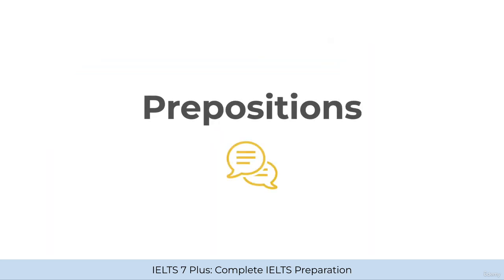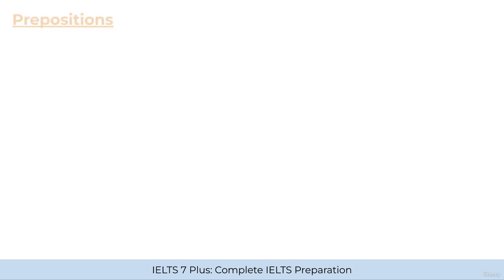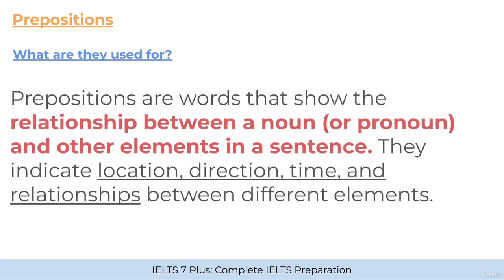Okay, let's start today by thinking about prepositions. What are they used for? Well, prepositions are words that show the relationship between a noun, or indeed a pronoun, because we know that pronouns can replace nouns, so they act in the same way, and other elements in a sentence.